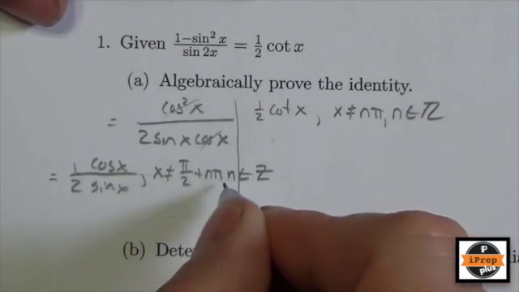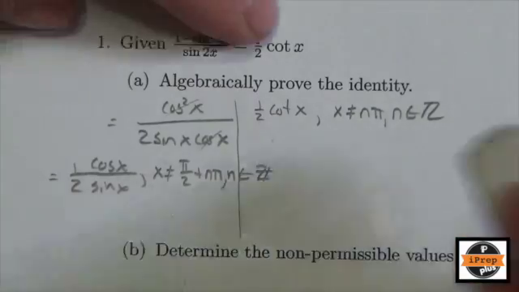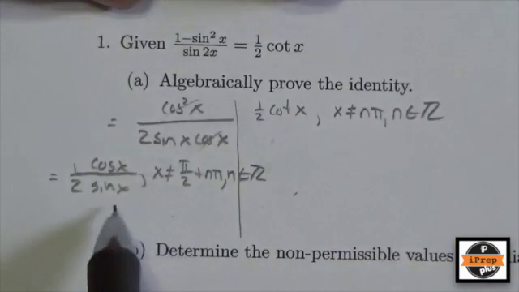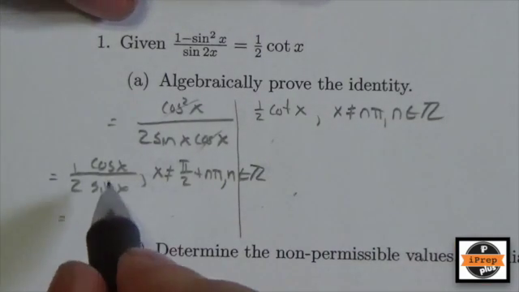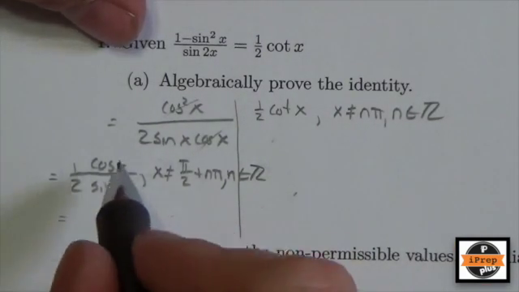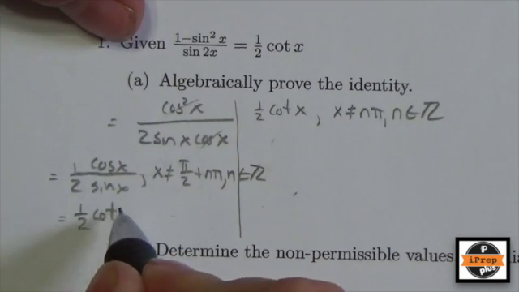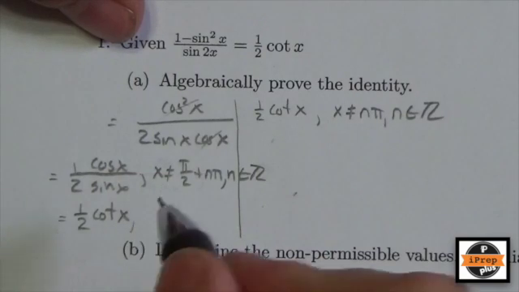And I know that ran over to the side there, but you get the idea here. And at this point now I can say that we know that cosine over sine is going to be cotangent, so this is going to be 1/2 cotangent of x.